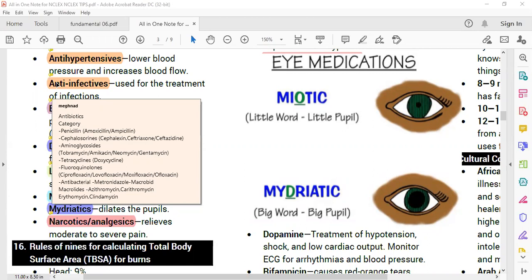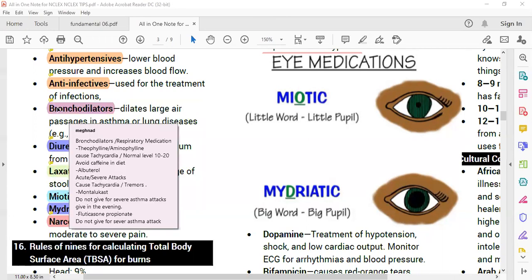So what do we educate our patient about penicillin? Educate the patient to take the medication for the full prescribed length of time and not stop when symptoms disappear.